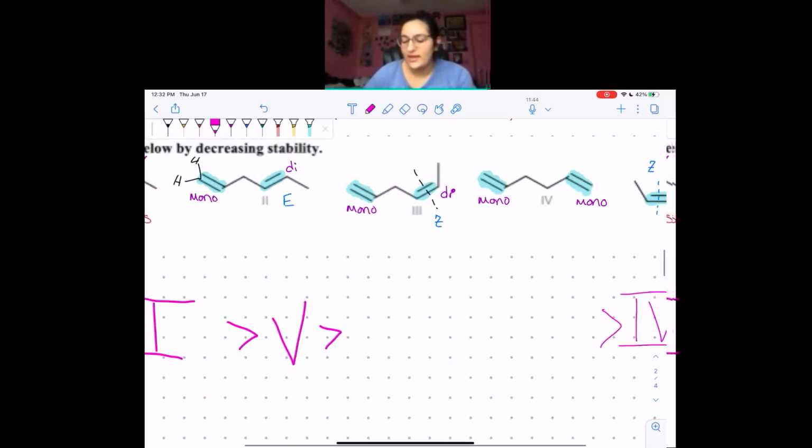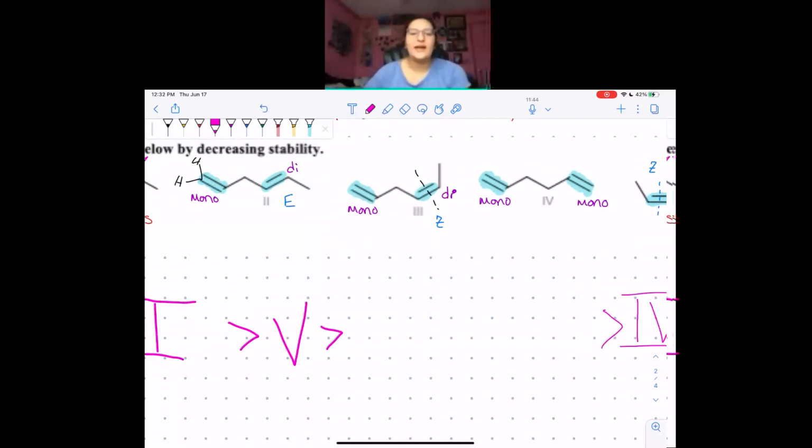Okay, so now between 2 and 3, we have 1 monosubstituted, 1 disubstituted. We know that the monosubstituted can't have E or Z, so we're going to look at the configuration of this double bond. We have 1 E and 1 Z. So which one do we think is more stable between 2 and 3?